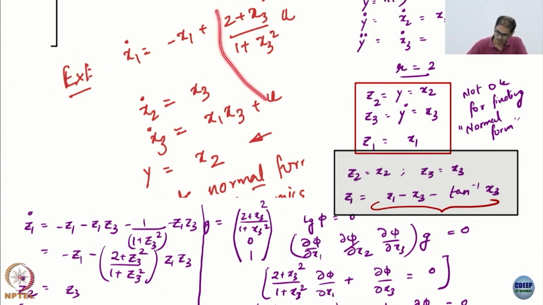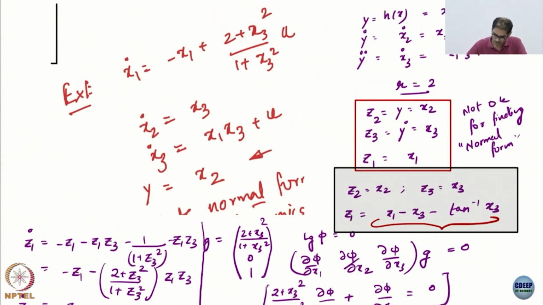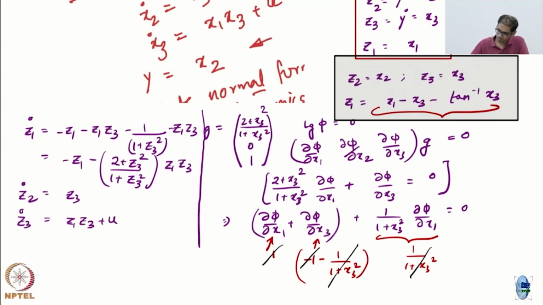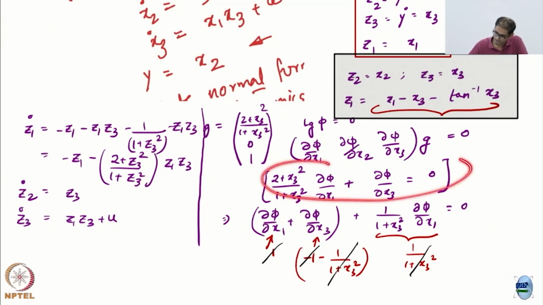G is whatever is multiplying the control, so that's 2 plus x3, 1 plus x3 square, 0 and 1. If I compute this product, I get this. I can break this open to get 1 plus x3 square times del phi del x1, del phi del x3.